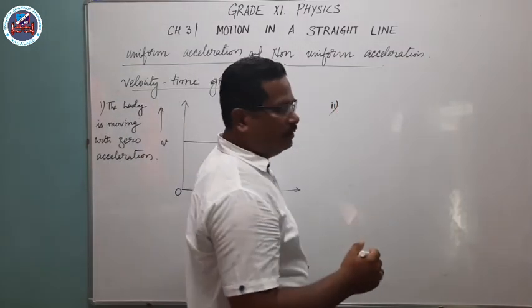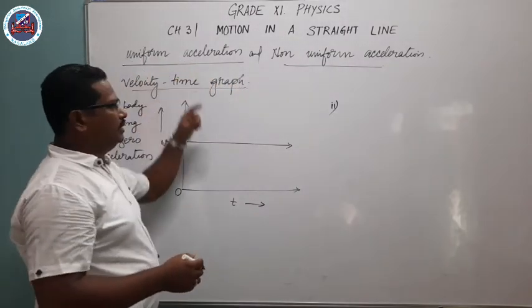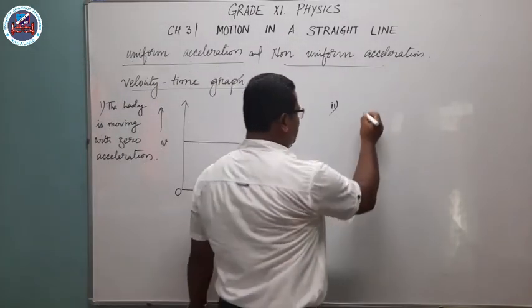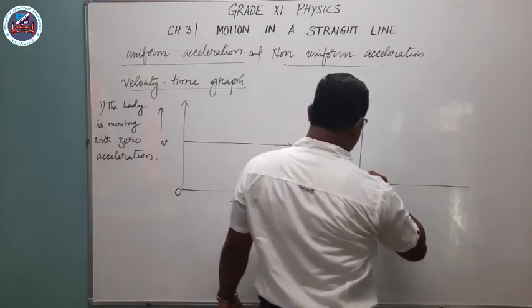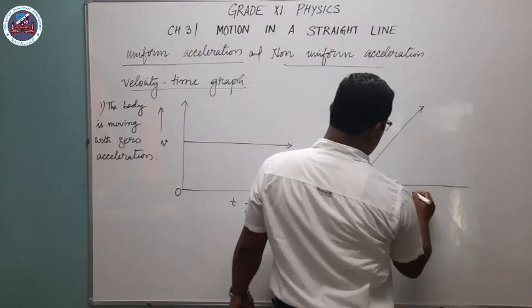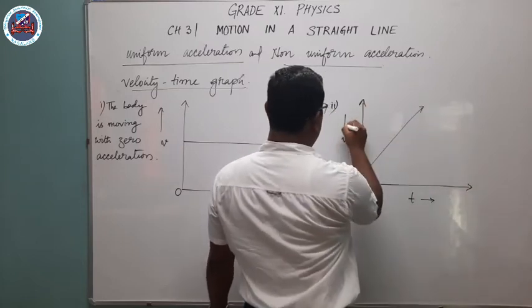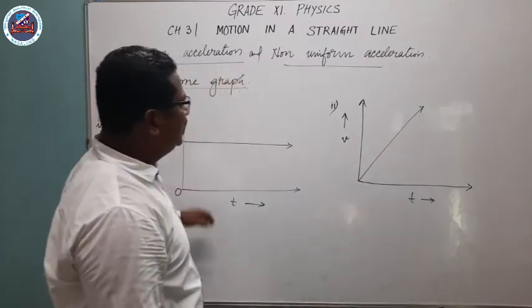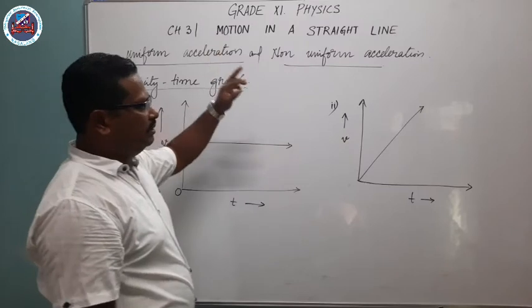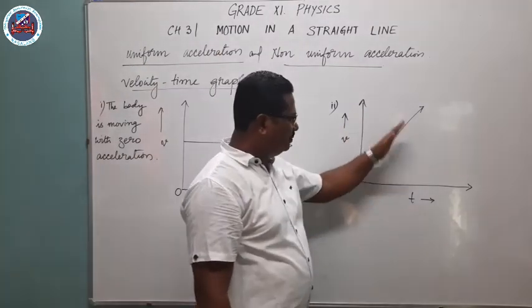When the body is moving with uniform acceleration, that means equal changes in velocity are taking place in equal intervals of time, then it will be an inclined straight line. This is your time axis, this is your velocity axis. So this will indicate like this. It is under uniform positive acceleration. The velocity is increasing all the time, so it is positive.